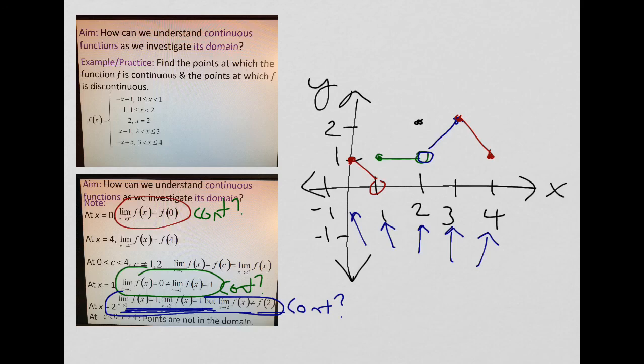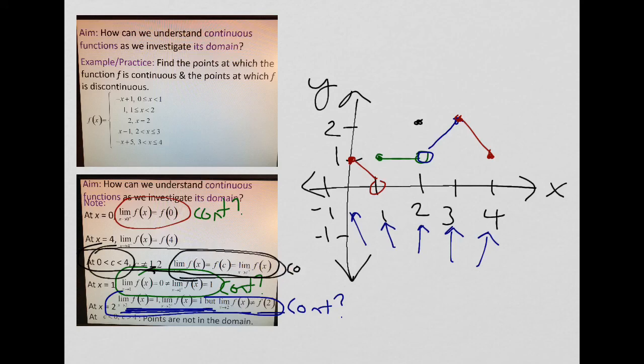When x is 3, that's kind of in the middle. I didn't list it exactly as x equals 3, so let me try to circle that here. I was talking about the whole interval, not including 1 or 2, because we already discussed that. And this holds true. So what can we say about this interval?